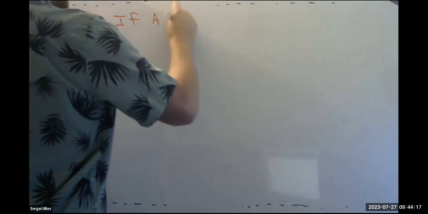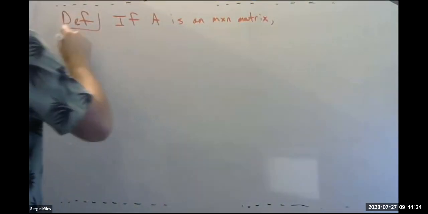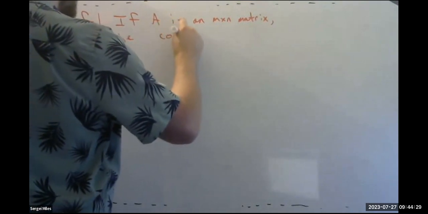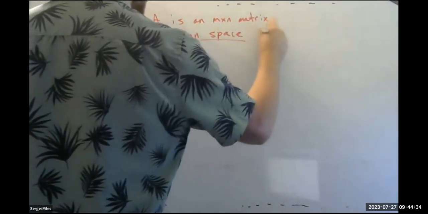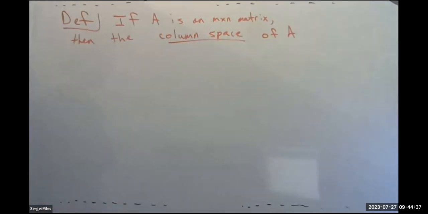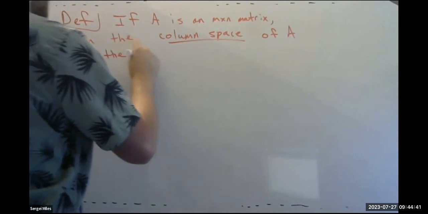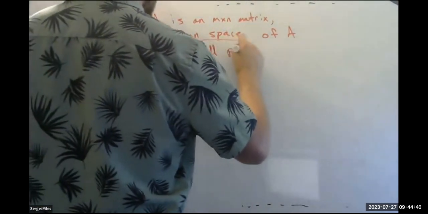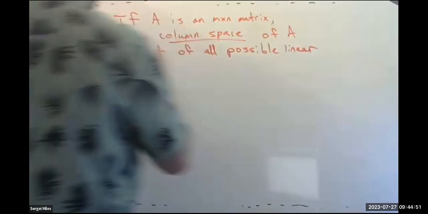If A is an m by n matrix, then the column space of A is the set of all possible linear combinations.